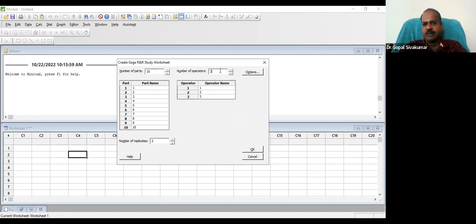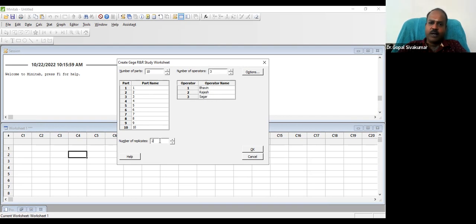So 3 operators selected. Let me say the 3 operators are Bobin, Rajesh, and Sagar Mogit. And 10 parts, 3 operators, replication.